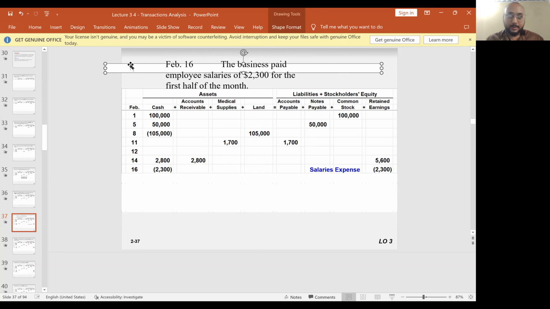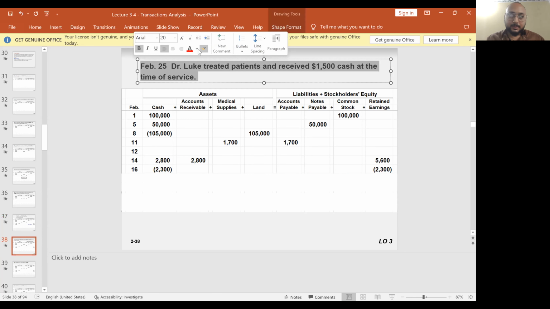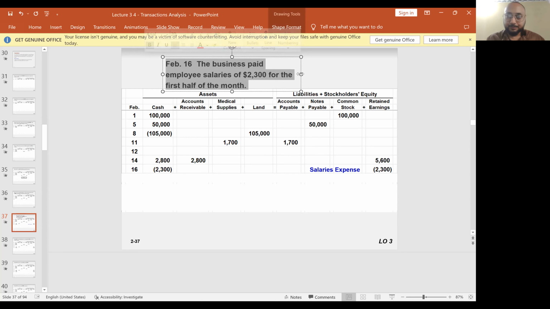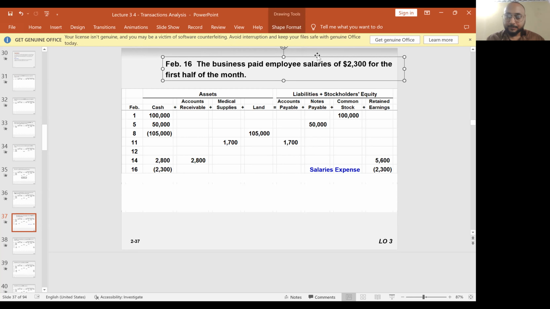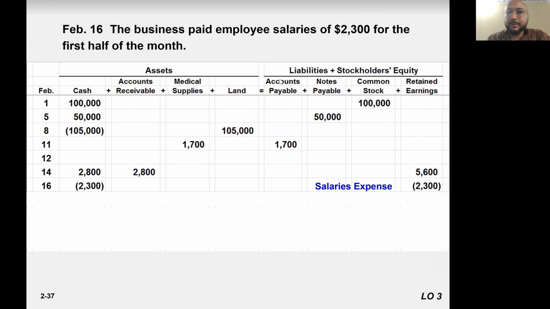Let me add here. Now can you see February 16, right? Can you see? Yes.